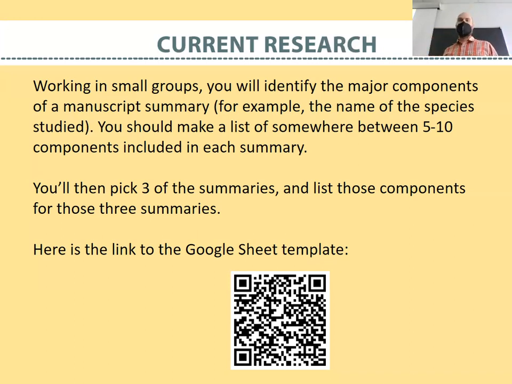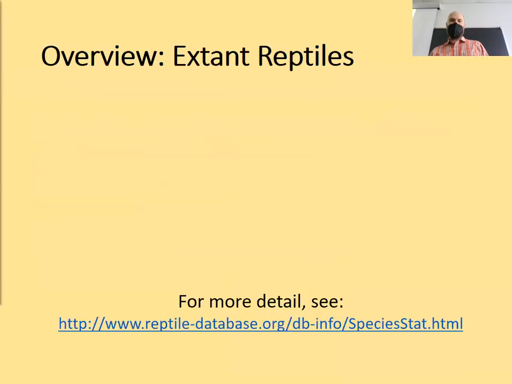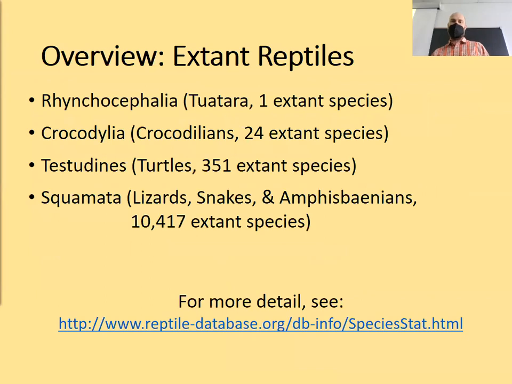All right, let's go back and talk about reptiles. I'm going to pick up where we left off the other day. Just as a reminder, there's 4 major groups of reptiles. Brynchocephalia, which is composed of a single extant species, the Tuatara. There used to be many, many other species in this group. We have Crocodilia, which has a couple dozen species.